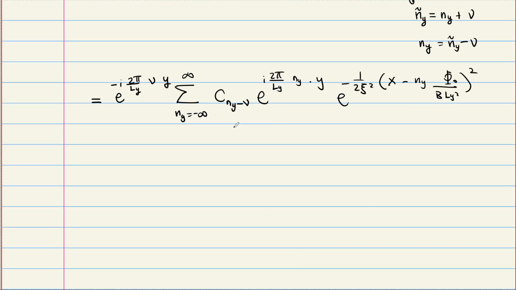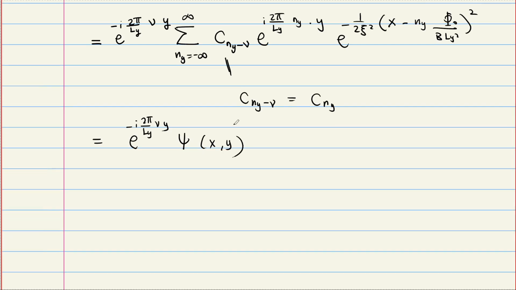And last thing is, if I require c of ν minus nu is equal to c of ν, this equation is exactly like ψ(x,y), and this equation is e to the minus i 2π over Ly nu y. Now I have some people from 410 last year.